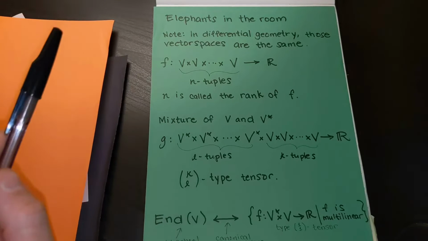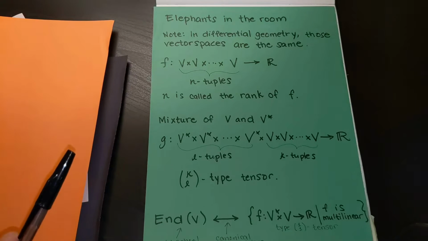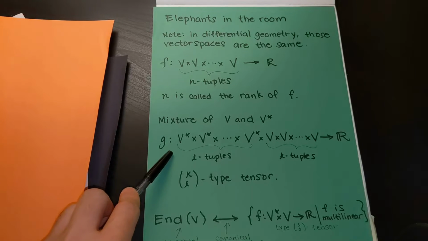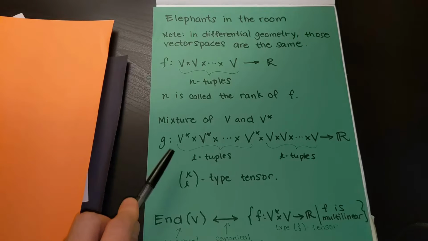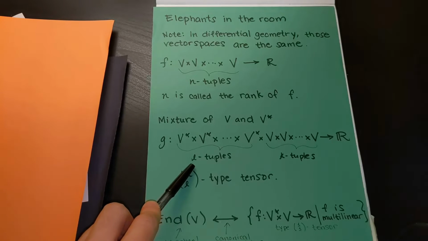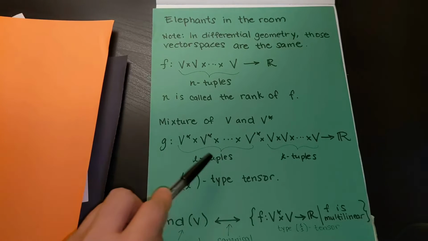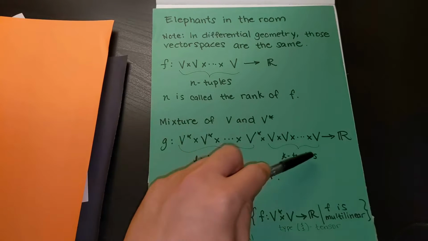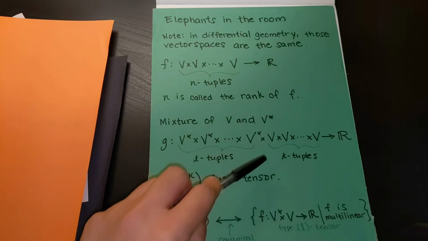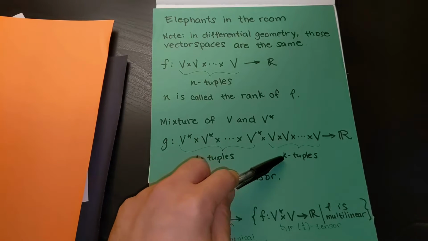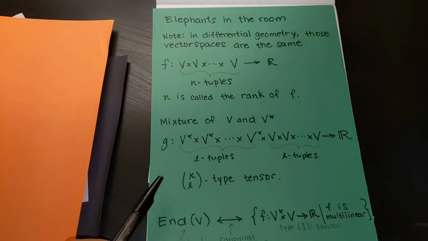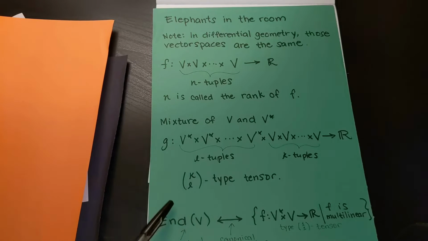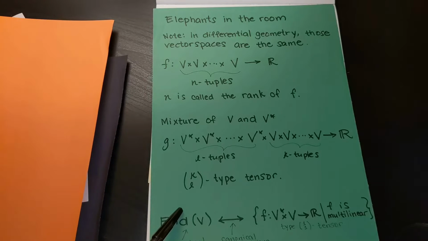It can also take elements of the dual space. They're called covectors. I just didn't go over them here. So if we have L tuples of covectors and K tuples of the vector elements, or well, just vectors, and if we want to plug it to a tensor, that is called a KL type tensor.